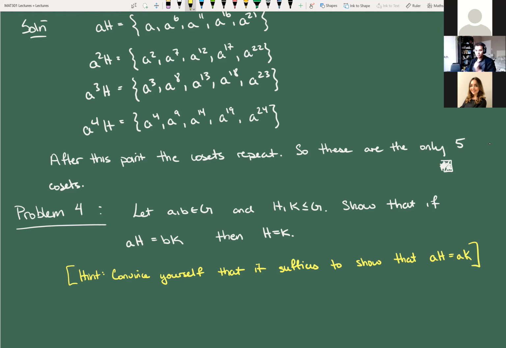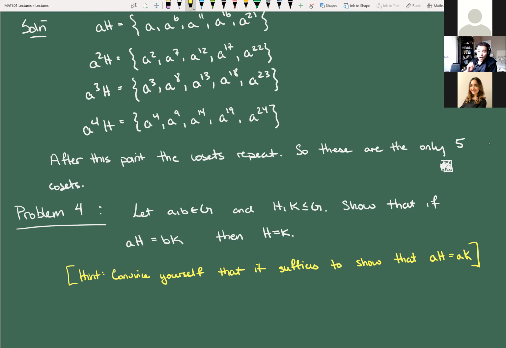Basically, first of all, prove that if AH equals AK, then H equals K. So that's a simpler version of this problem. It's a special case, because in the original problem, we have that AH is equal to BK. So A and B aren't necessarily the same element here.